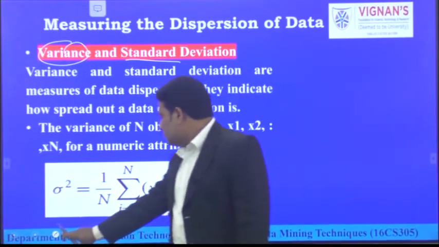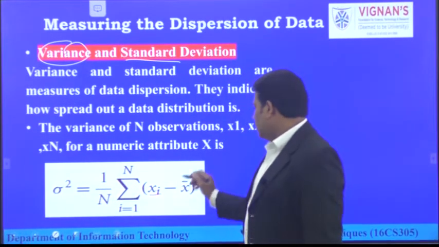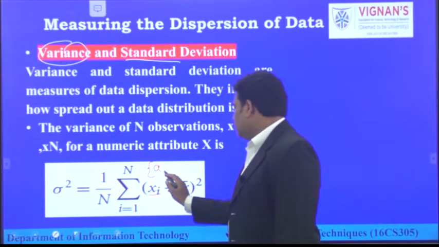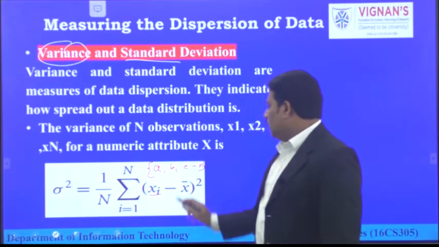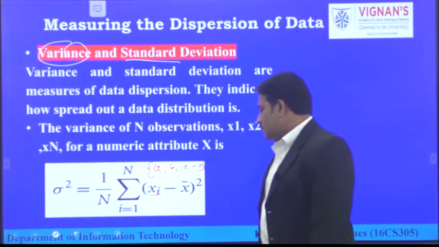Here xi indicates an individual value of the given data set. Let us assume we are having values like A, B, C, D, like that up to n. Now for this given data set we want to calculate the variance.